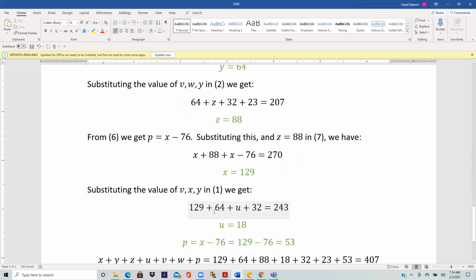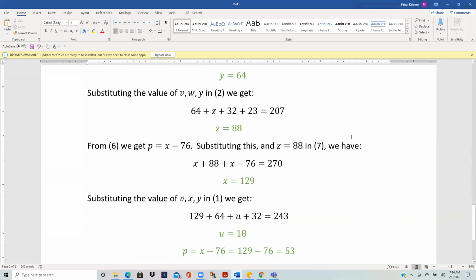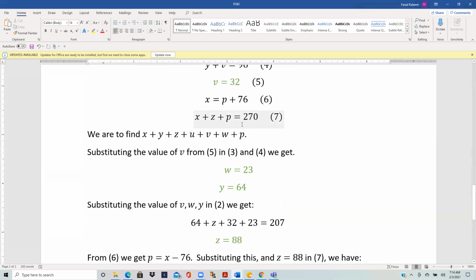Now we substitute this in 7 and also put Z equals 88.